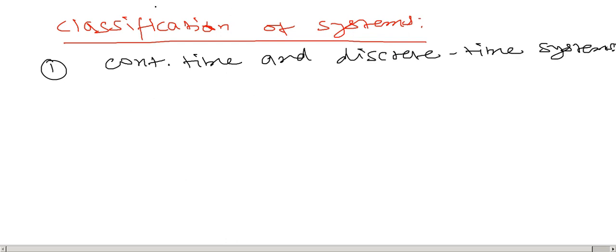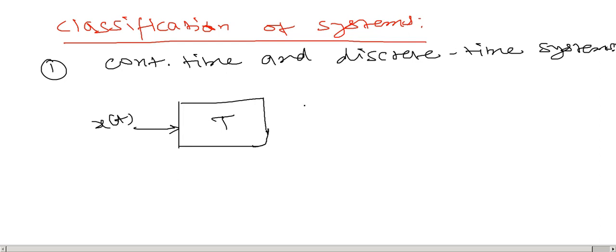A system is said to be continuous time if its input and output are continuous time signals. So if this input is continuous time and the output is also continuous time, then this system is known as a continuous time system.